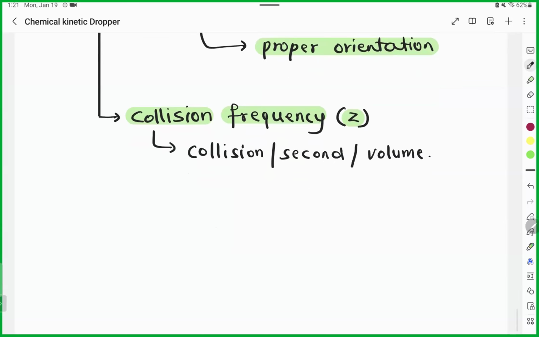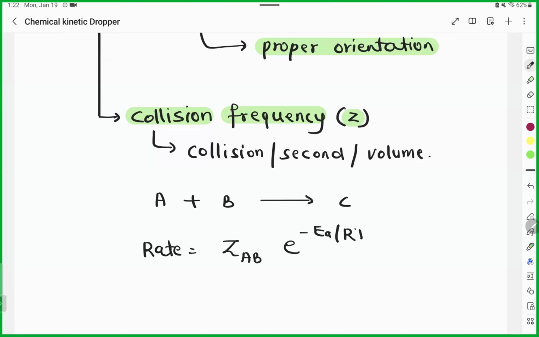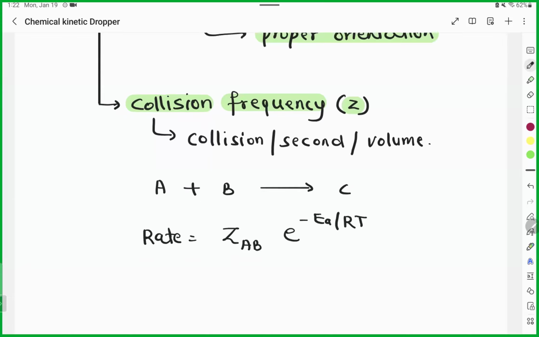Okay. For example, if A reacts with B and it forms C, in this case, if you want to write the rate of the reaction, it will be collision frequency of AB times e raised to power minus Ea by RT, because activation energy is really important.